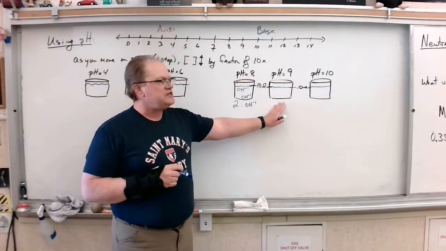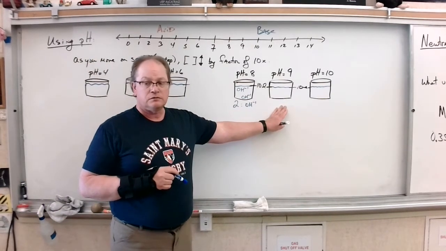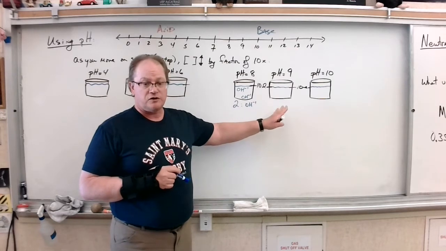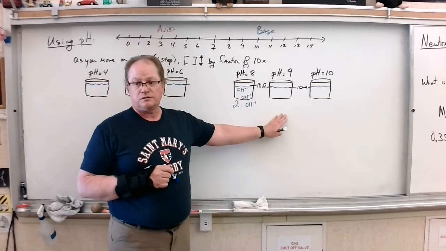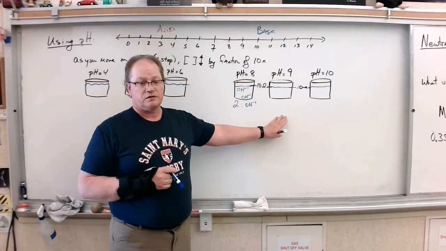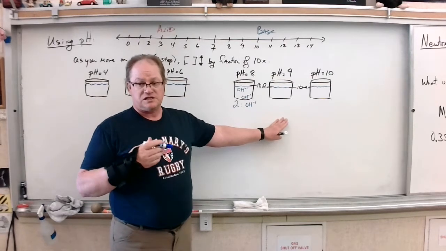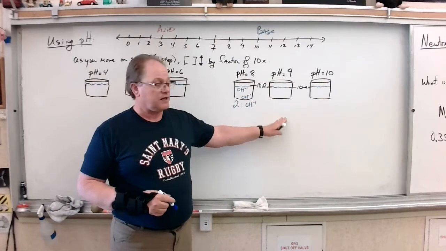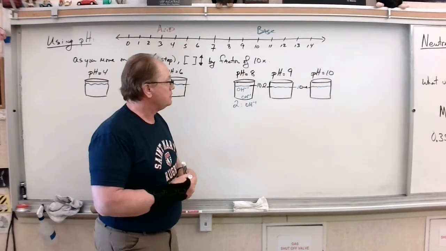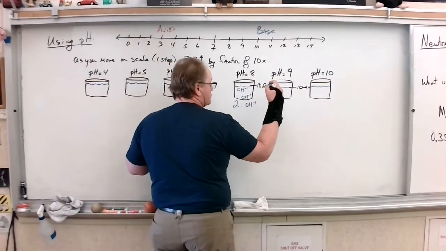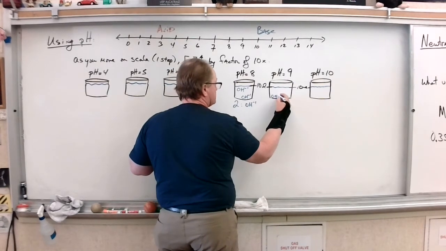Well, what would a pH 9 look like then? Is it more concentrated or less concentrated? It's more concentrated. How much more concentrated? 10 times more concentrated. Every step is a factor of 10. So in here, there's not 2 hydroxides.